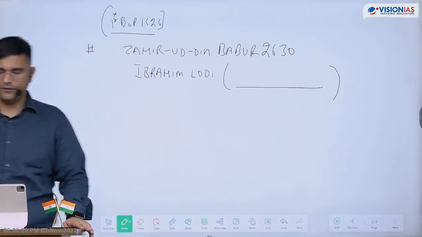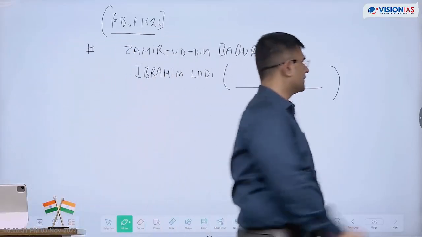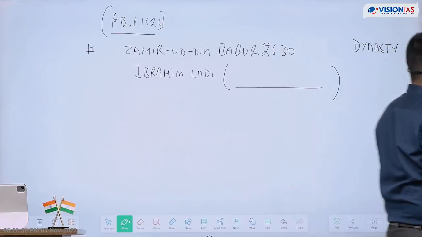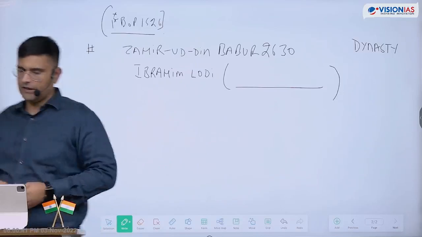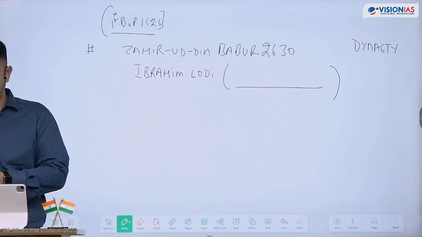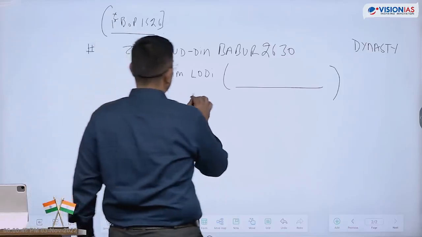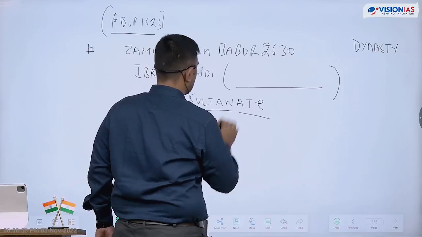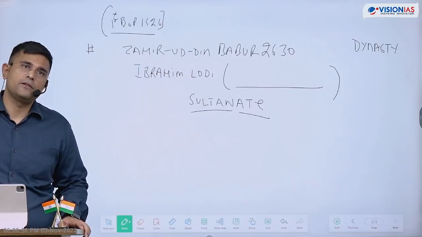In brackets, the Lodi dynasty, dynasty meaning a family, was the last dynasty of the Delhi Sultanate. Sultan ate food, Sultanate. The Lodi dynasty was the last dynasty of the Delhi Sultanate.